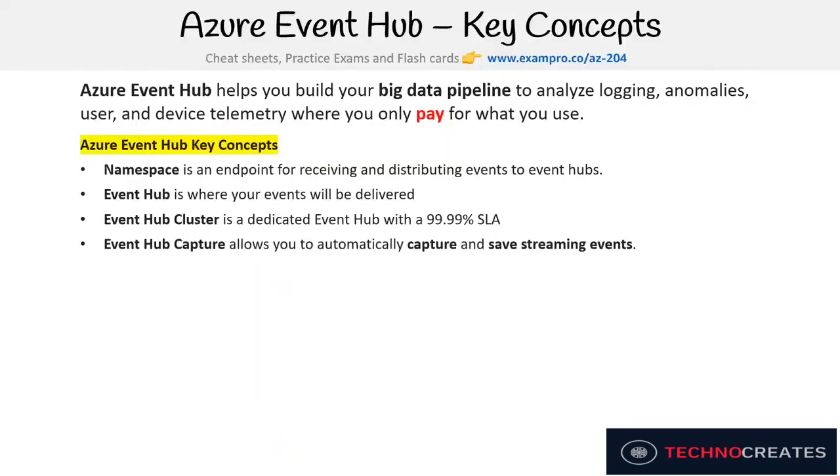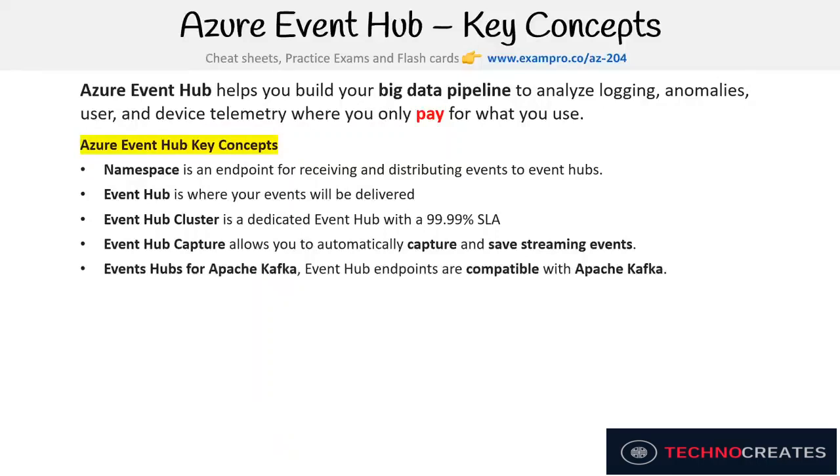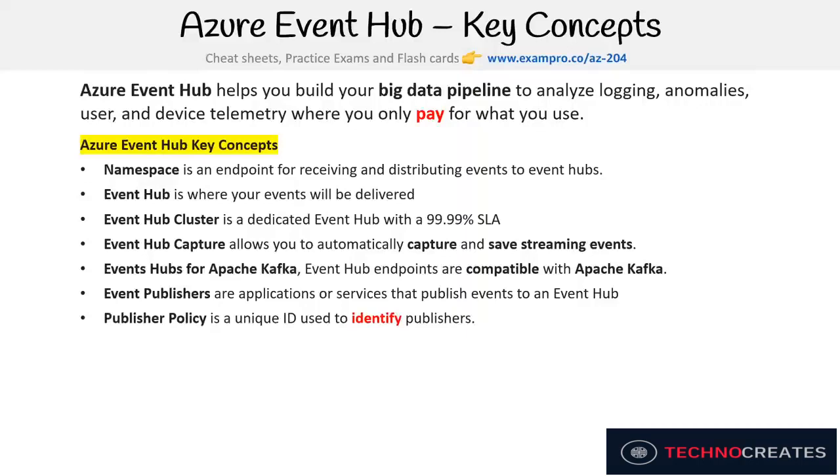Event Hub Capture, this allows you to automatically capture and save streaming events. We have Event Hubs for Apache Kafka, so this is compatibility with Apache Kafka's setup. Event Publishers, these are applications or services that publish events to Event Hub. Publisher Policy, this is a unique ID used to identify publishers. Partitions are used to organize the sequence of events in Event Hub.